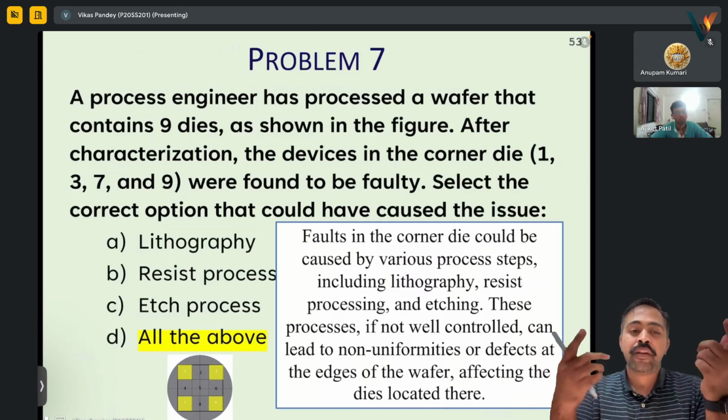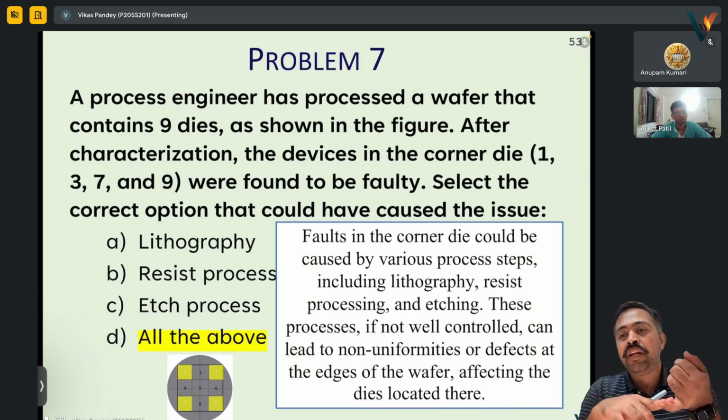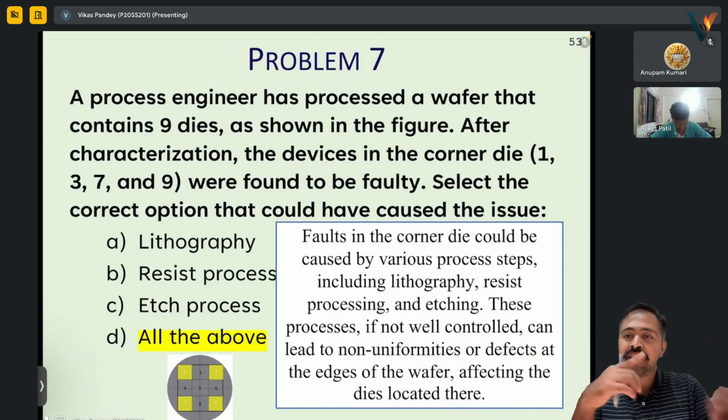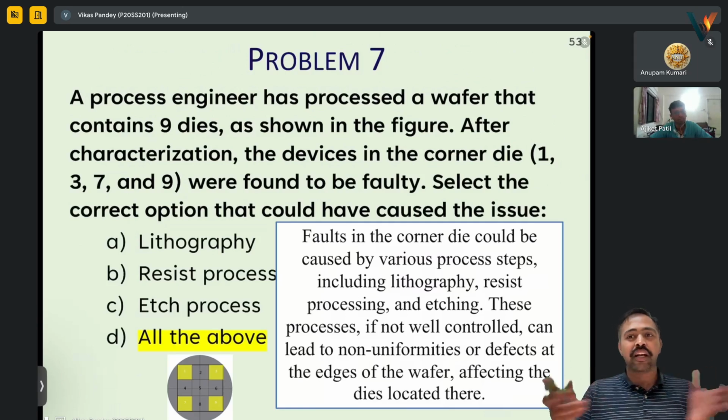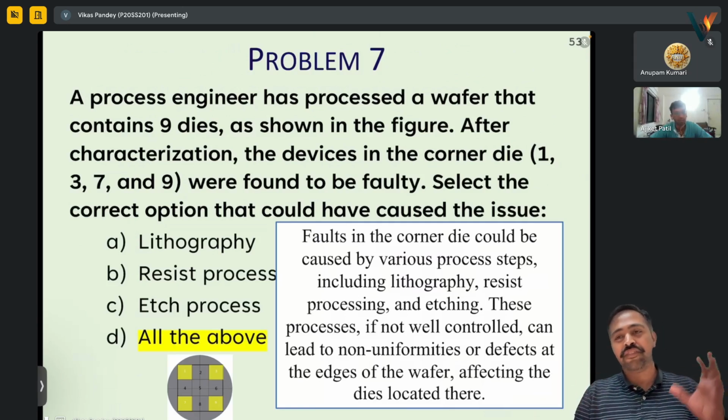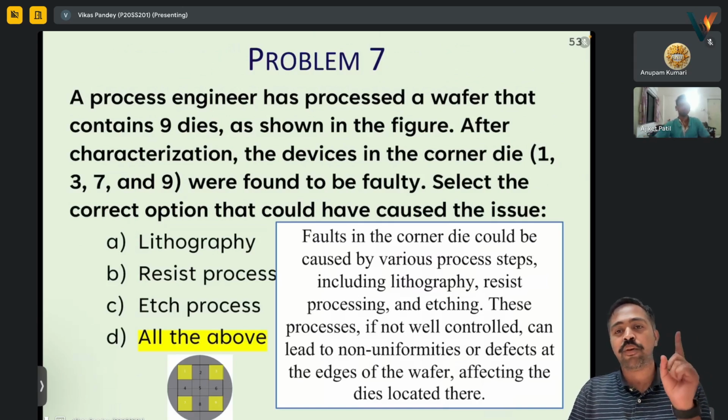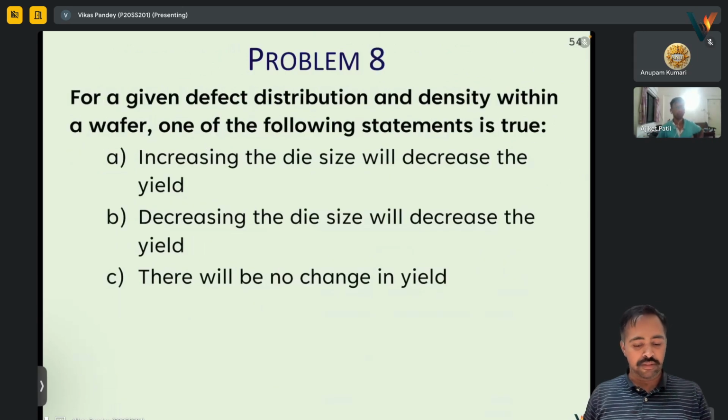Then lithography will be wrong by default, then etching will also be wrong. So these are very much dependent processes. That is why these last 2 weeks are covering these things, because we have to understand that these processes are not independent of each other. They are dependent on each other.